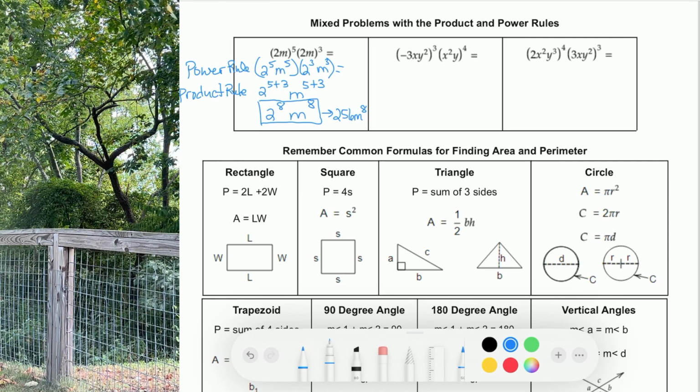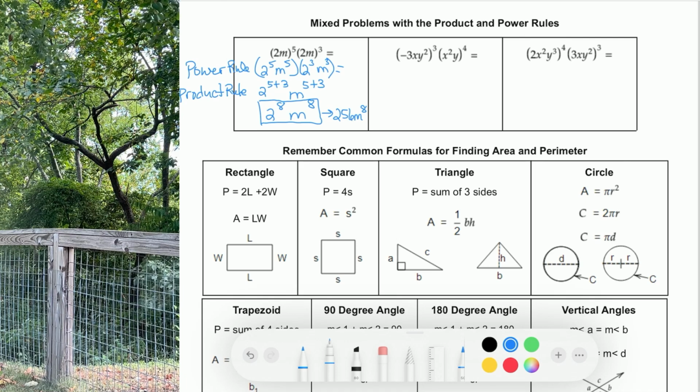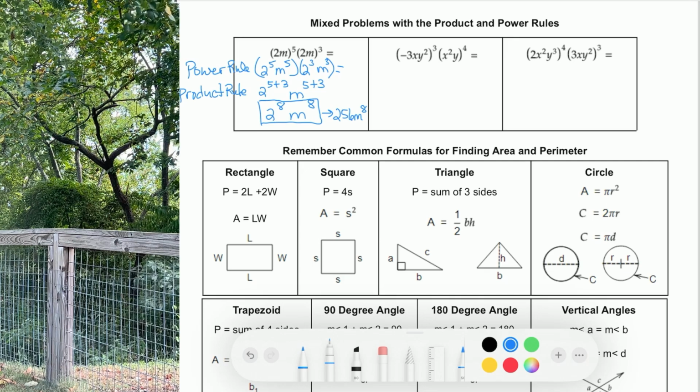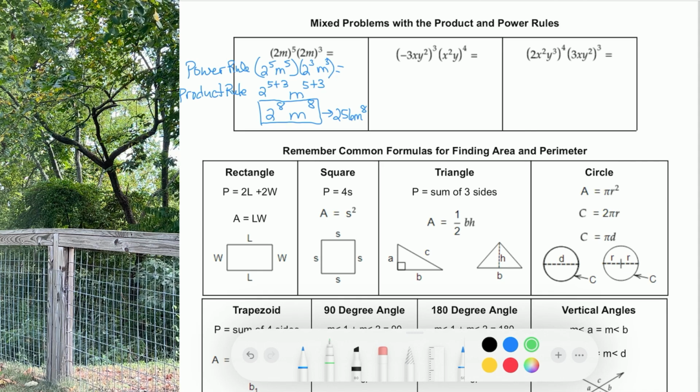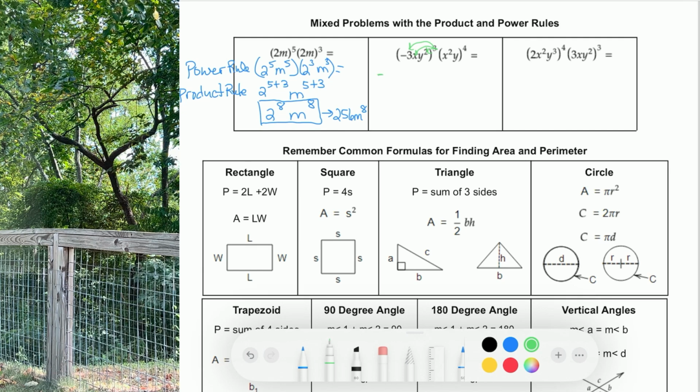We have negative 3xy squared to the power of 3 times x squared y to the power of 4. We're going to use the product rule to start with. So let's do that. So I'm going to change colors just so we can recognize the difference between the two problems. All right, so I'm going to distribute that 3 to everything that's in here. And I get negative 3 to the power of 3.